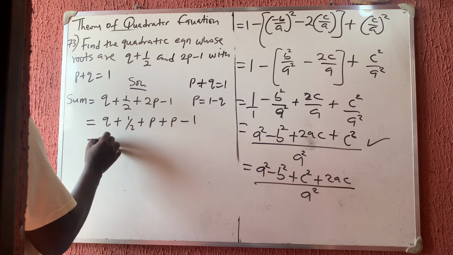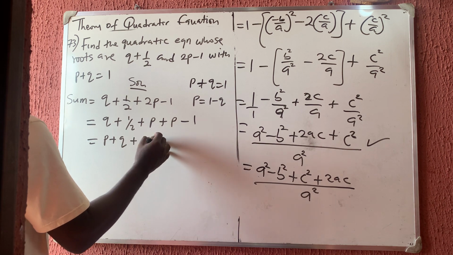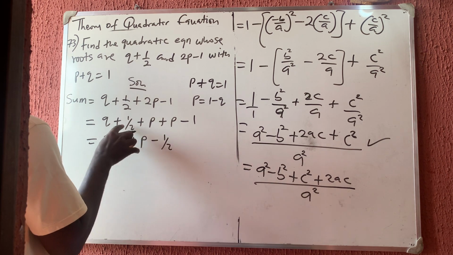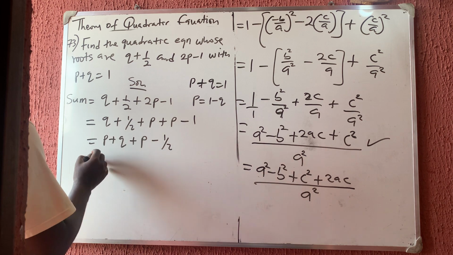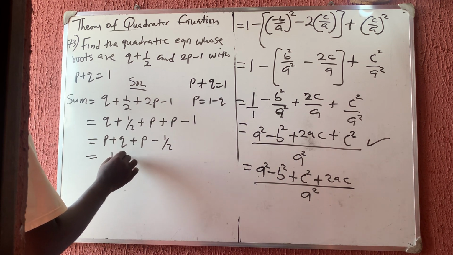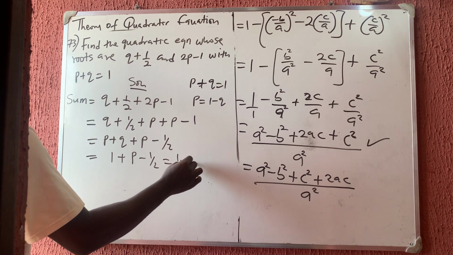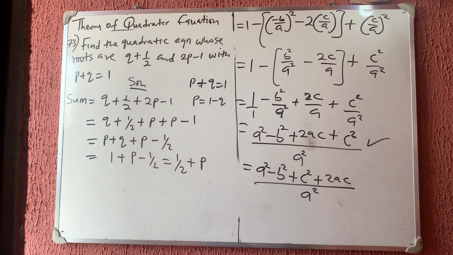So these two can give me p plus q, then plus another p, then minus half, because 1 half minus 1 gives minus half. But p plus q is equal to 1, so I have 1 plus p, then minus half, which gives half plus p. Half plus p is the sum.